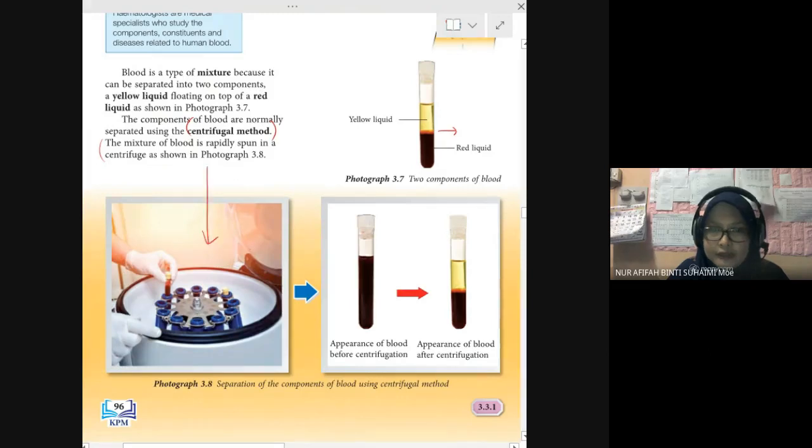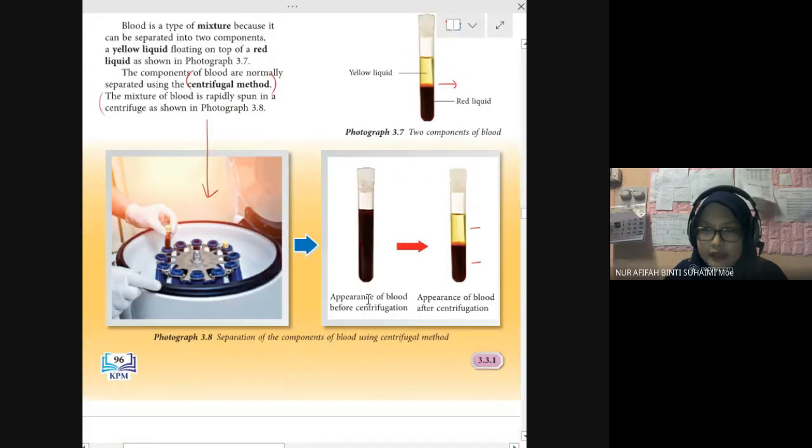We put the blood in a test tube, and then put it in the centrifuge, and then we spin it fast. Then we will get the separation of the components of blood, yellow and red. This one is the appearance of blood before the centrifugation process. Then after centrifugation, the blood separates into two components, yellow and red.